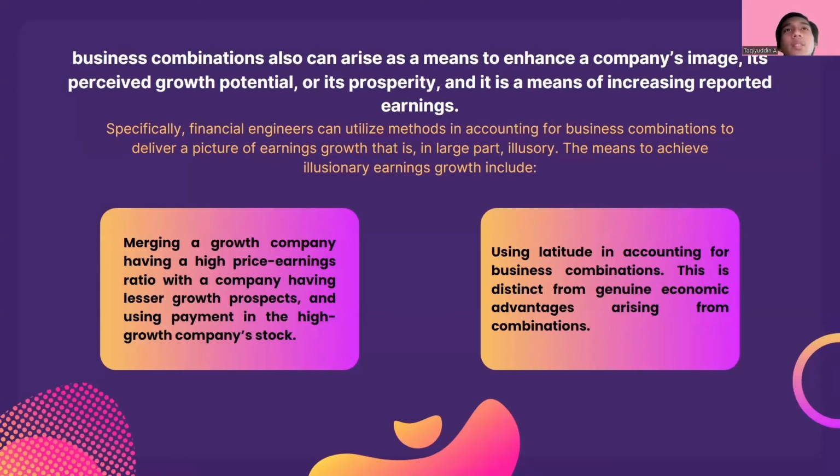The means to achieve illusory earnings growth include: first, merging a growth company having a high price earnings ratio with a company having lesser growth prospects, and using payment in the high growth company's stock. Then, using latitude in accounting for business combination. This is distinct from genuine economic advantage arising from combination.